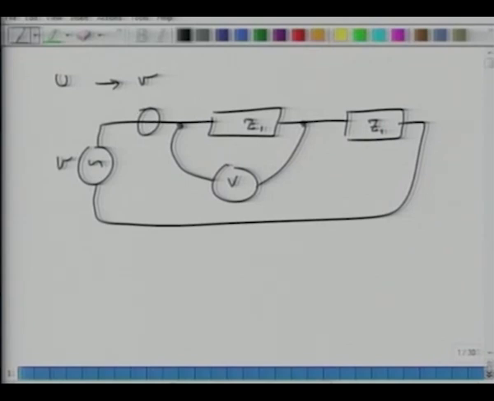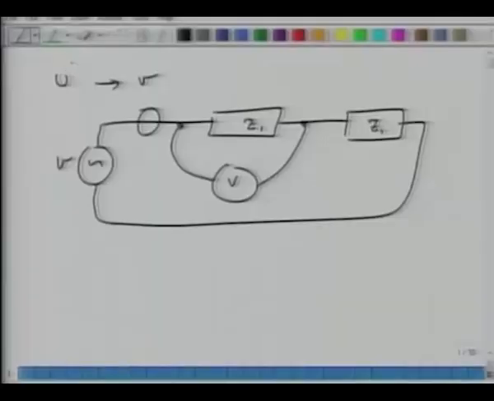Now, there are newer current measuring devices which use magnetic fields, but some of the less expensive ways is that you have to cut the circuit and then measure the current going through it. Similarly, when I have to measure this velocity, I do not have to break the mechanical circuit.